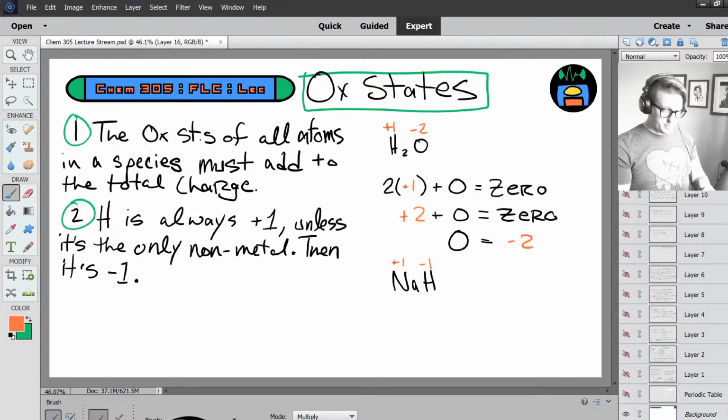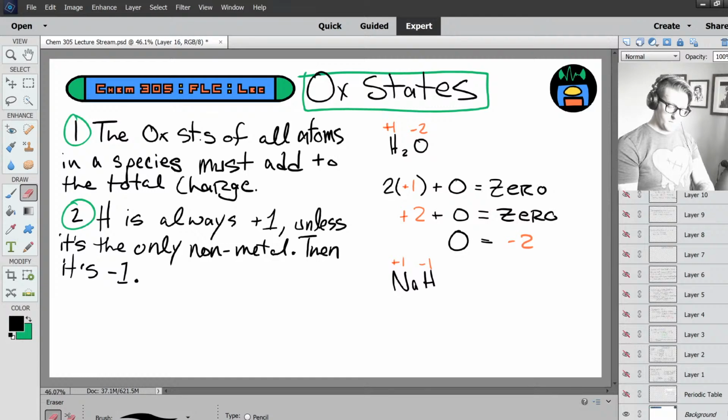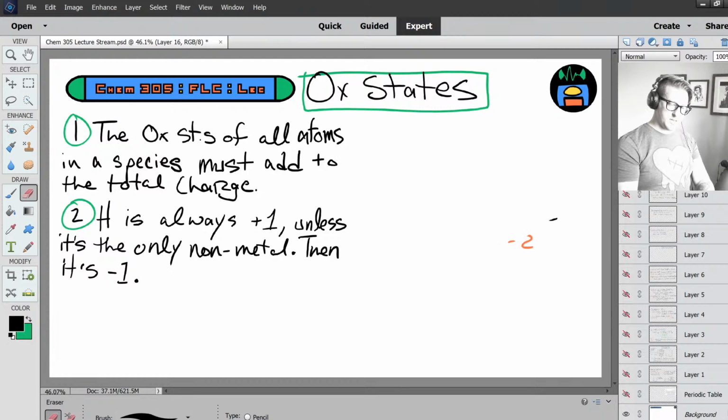All right, so here's a couple examples of using rule number 1 and rule number 2 to find the oxidation state of every element in a compound. Let's take a look at rule number 3.